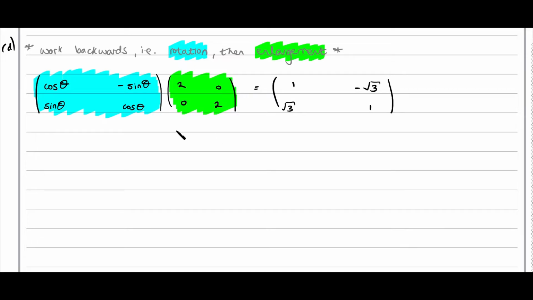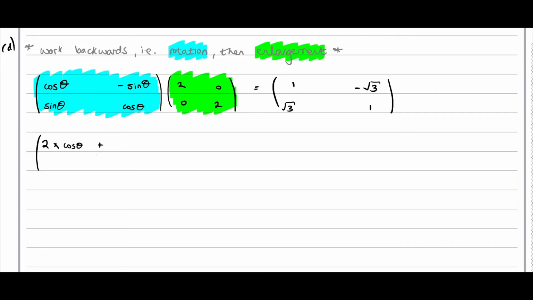So with that being said, let's now find the result of multiplying this rotation matrix with the enlargement matrix. Let's just be clear about this. For our first element, cos theta times by 2. So we have 2 times by cos theta, and then we have minus sine theta times by this 0 over here.